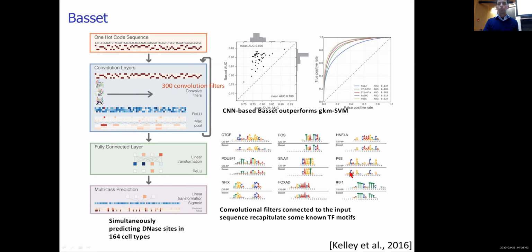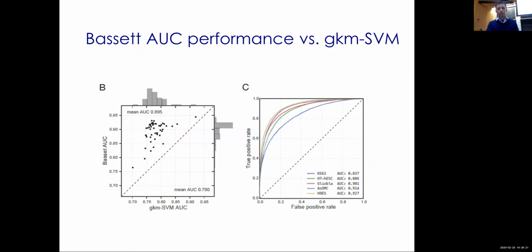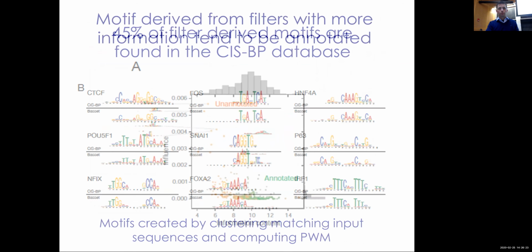Let me learn what these convolutional filters are that I should be using, and then use that to jointly predict the accessibility in all of the different cell types. Raise your hands if you're with me on this one. Awesome, great. And the motifs discovered again matched many of the known regulators for those sequences.